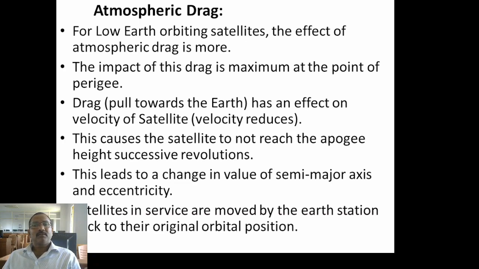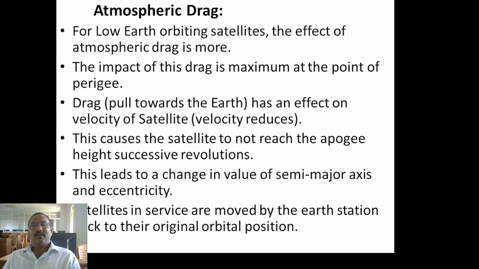At the point of perigee, the satellite is close to the Earth, so the atmospheric drag will be high. Drag simply means pulling towards the Earth, and it has an effect on the velocity of the satellite. Since the Earth is pulling the satellite, its velocity will get reduced.